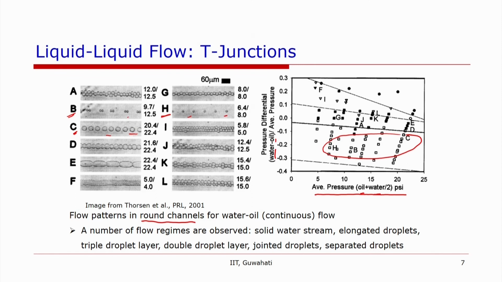Now as the water pressure is increased and they are almost equal, we see a few different configurations depending on the average pressure: G, J, A, K, E and D. If we look at A and G, we have droplets forming a necklace kind of structure.